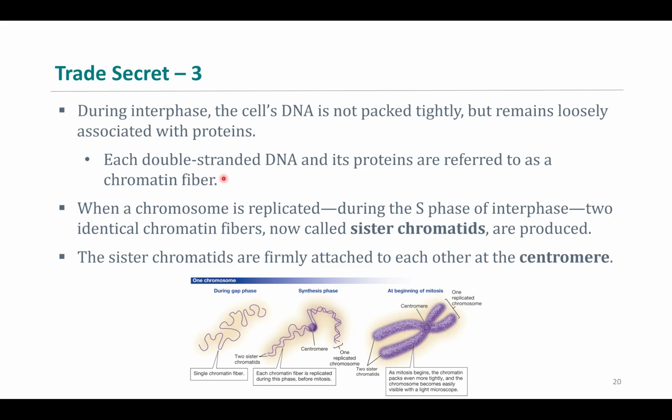Here I talked about chromosomes and sister chromatids. These are the differences. Here this is a single chromosome during the gap phase. During S phase, these chromosomes will get replicated, or doubled.